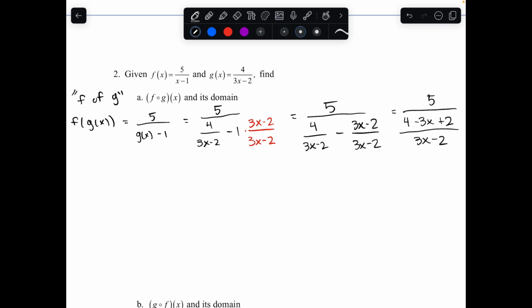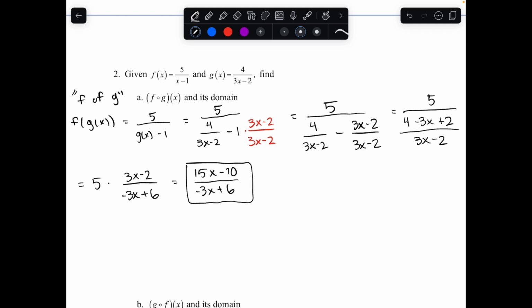And how do we deal with that? We multiply by the reciprocal. This is going to be equal to 5 times the bottom fraction flipped. So this will be 3x minus 2 divided by negative 3x plus 6. Now if we actually just multiply that through, we're going to have 15x minus 10 divided by negative 3x plus 6. And that is our composition of functions.